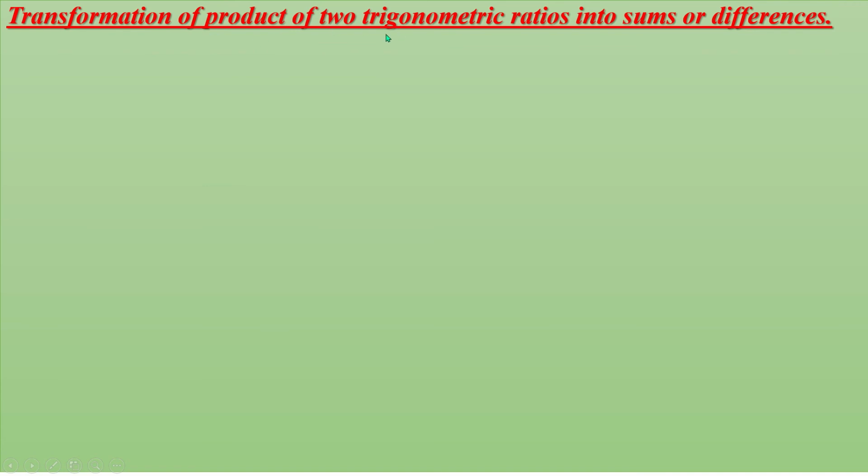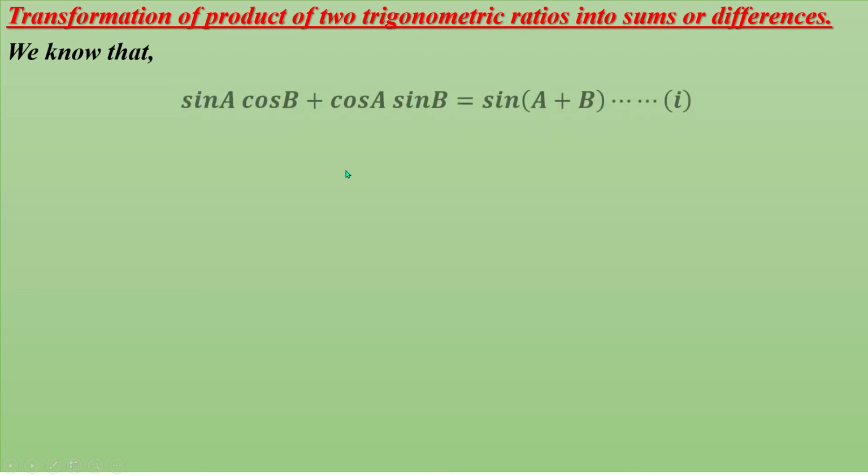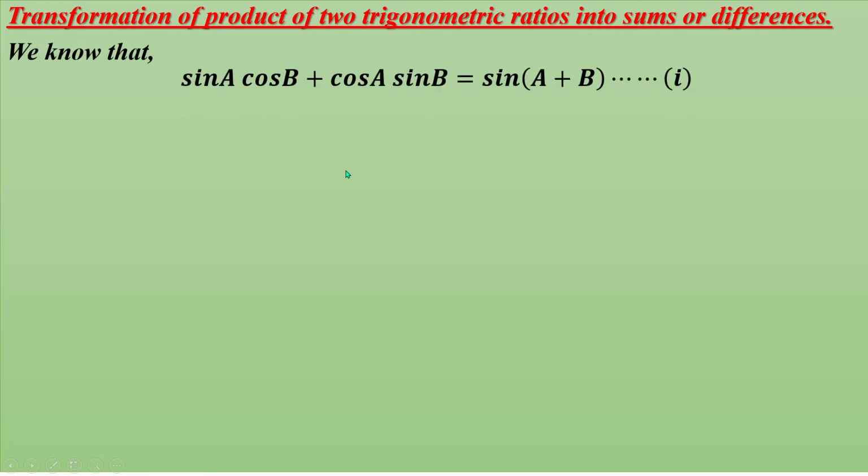Transformation of product of two trigonometric ratios into sums or differences. We know the formula sin A cos B plus cos A sin B equals sin(A plus B).